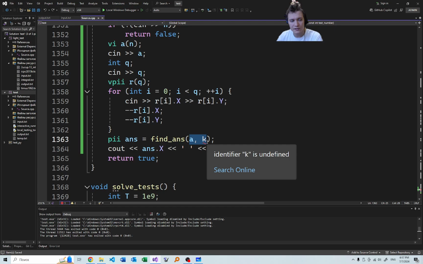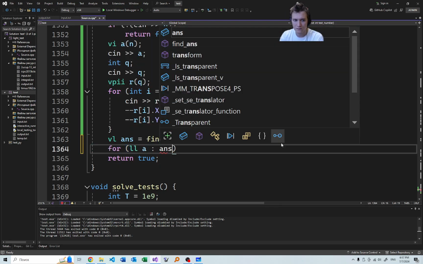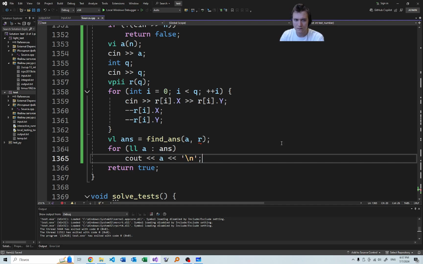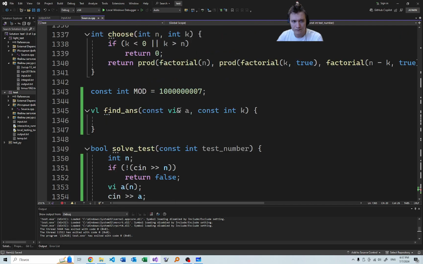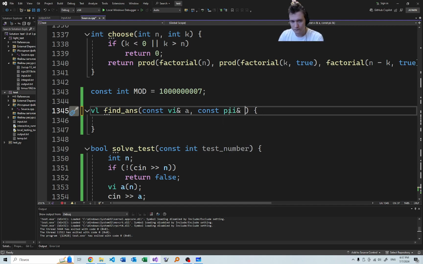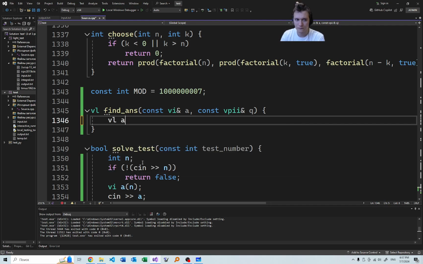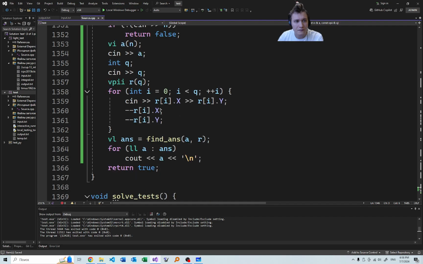Then we need to find the answer for A and R, and we need to print it. So what? We also need the graph itself, I guess.